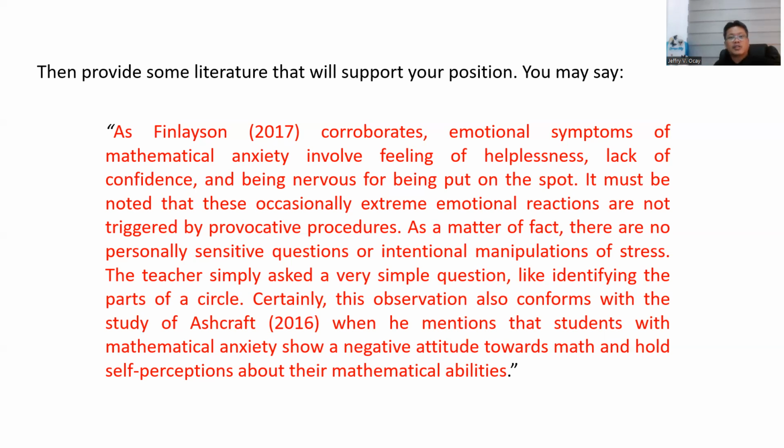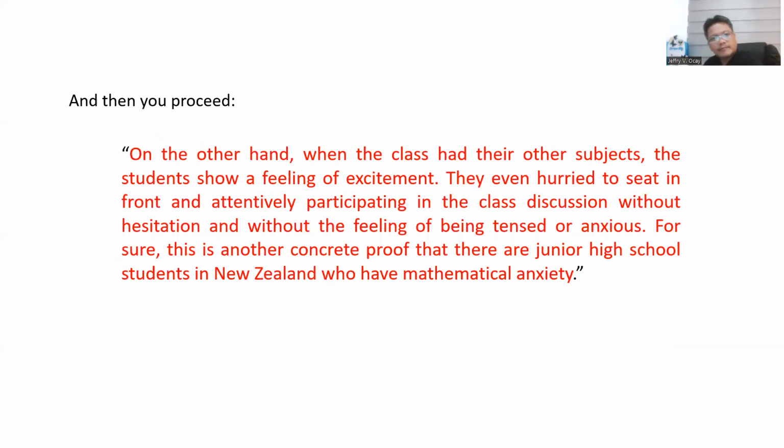If we don't have citations, our piece of work cannot be considered research. Of course, this is in addition to the fact that we need to cite famous scholars in order to support our claim. And then you may proceed.